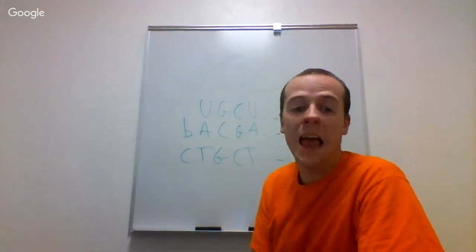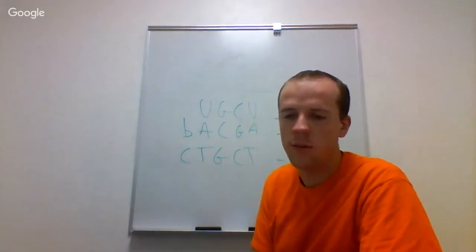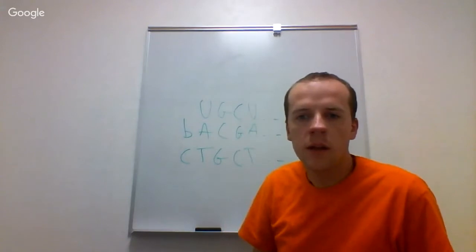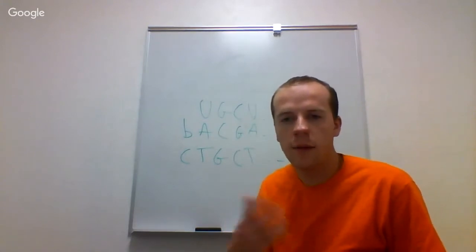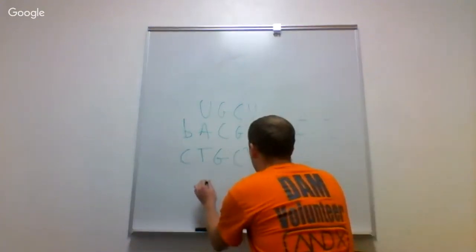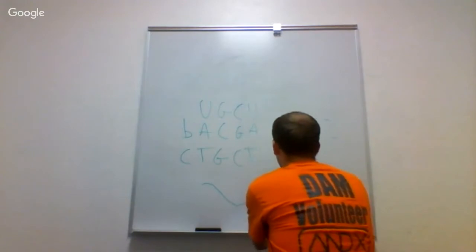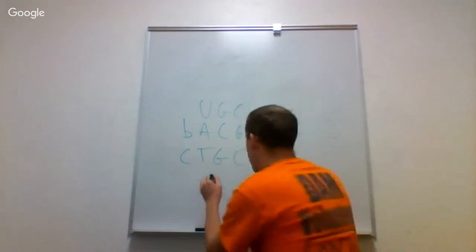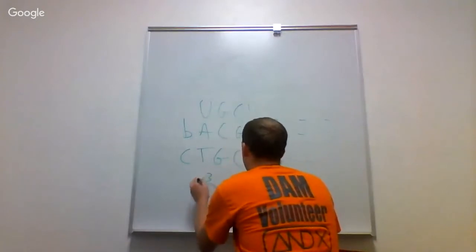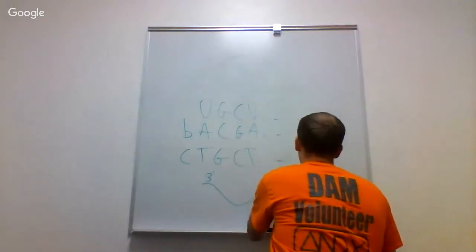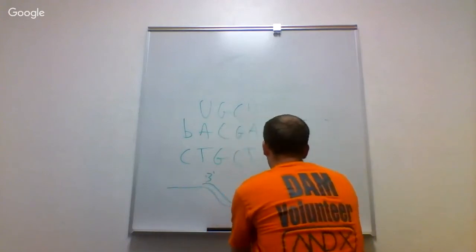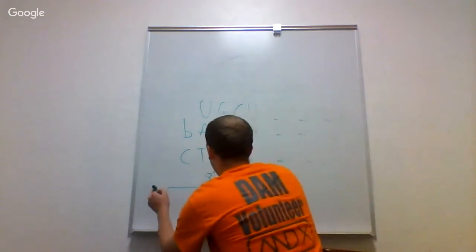And then part D, draw an image that shows these 3 nucleic acid strands above during the elongation stage of transcription. Okay, so since we have 3' on the left and 5' on the right, we'll just draw the RNA the same way. So we'll do something like this. The 3' here, 5' here. Then we have our DNA, the template DNA strand right next to it.